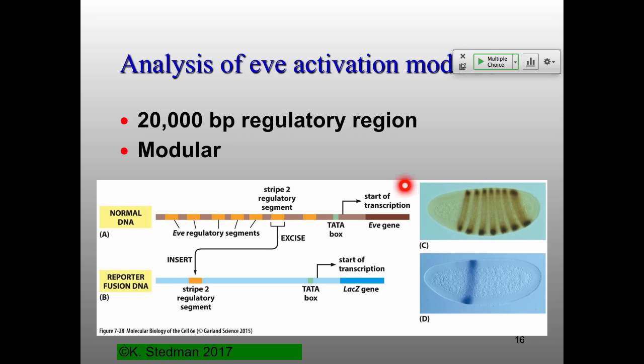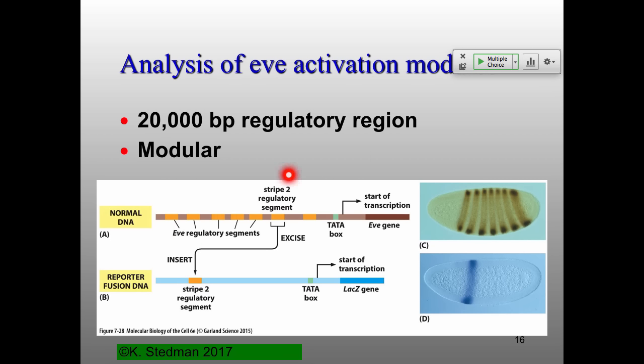But just as important is that in these regions where there's no expression, there's still that gene. It's just a question of why this gene is expressed here and only here in each of these 7 different cases. And it turns out that there are actually 7 different regulatory segments upstream of the promoter in this gene.